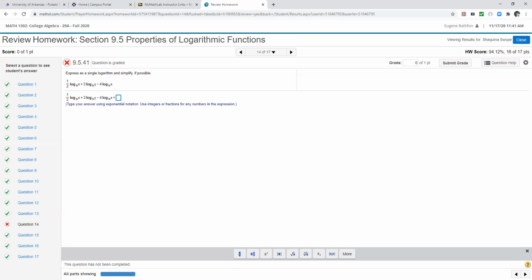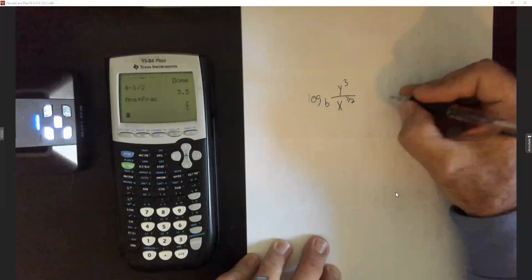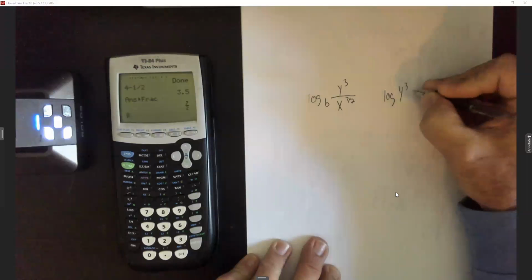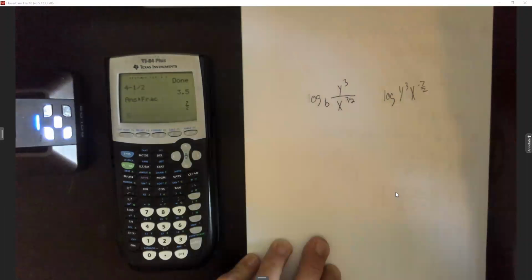Okay. So I want to share my screen where I wrote that real quick. So do you see how I got it? Log base b of y to the third over x to the 7 halves. So they don't like it when y'all have these negative exponents and stuff.